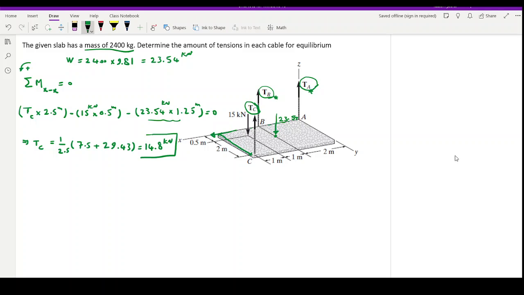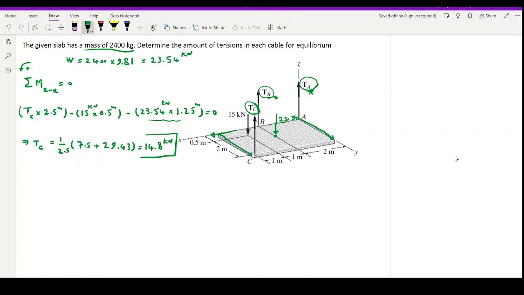I'm repeating, you should start with taking moment about a point or an axis that eliminates some of the unknown forces, and I started with taking moment about x, and that eliminated TA and TB. Now I'm going to take moment about y-axis, and by doing so, clearly I'm going to eliminate TA.